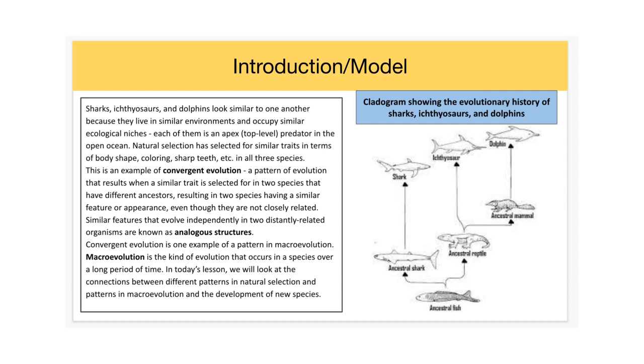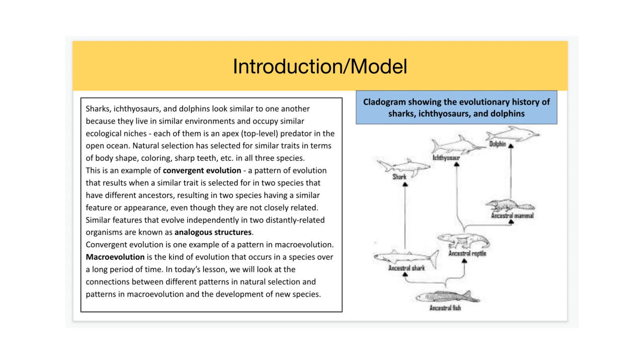Sharks, ichthyosaurs, and dolphins look similar to one another because they live in similar environments and occupy similar ecological niches. Each of them is an apex, top-level predator in the open ocean. Natural selection has selected for similar traits in terms of body shape, coloring, sharp teeth, etc.